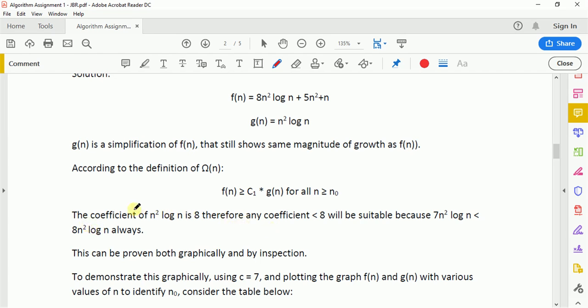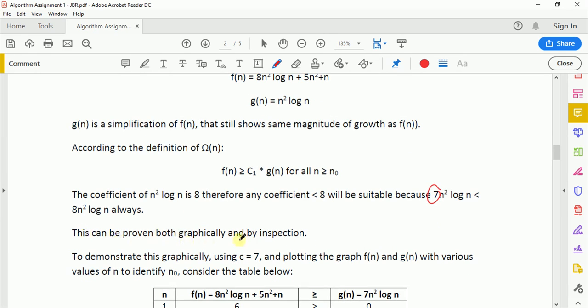So let's check. The coefficient of n squared log n is 8. Therefore, any coefficient less than 8 will be suitable, because 7n squared log n will always be less than 8n squared log n. So we have seen a value for c1, 7.